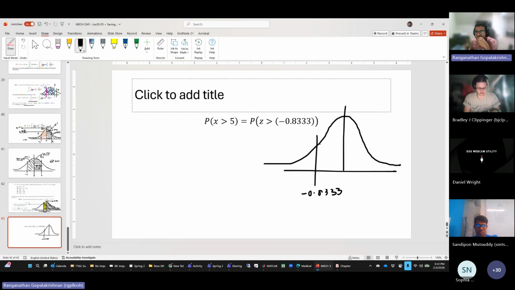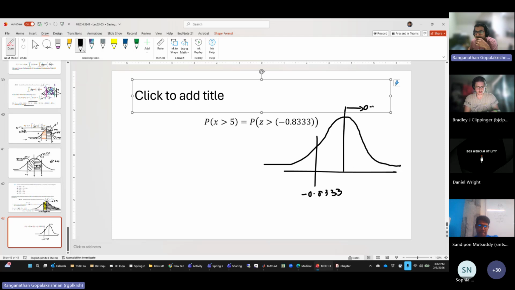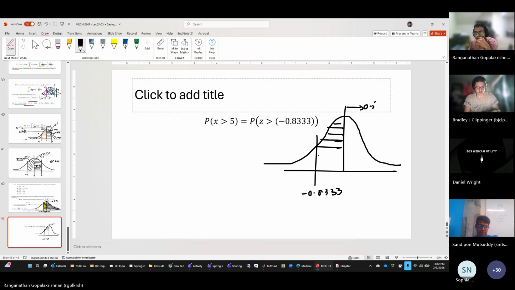I need this area to the right of it. To the right of it. So that would be, this is 50%. So that would be this area, which would be 0.833.